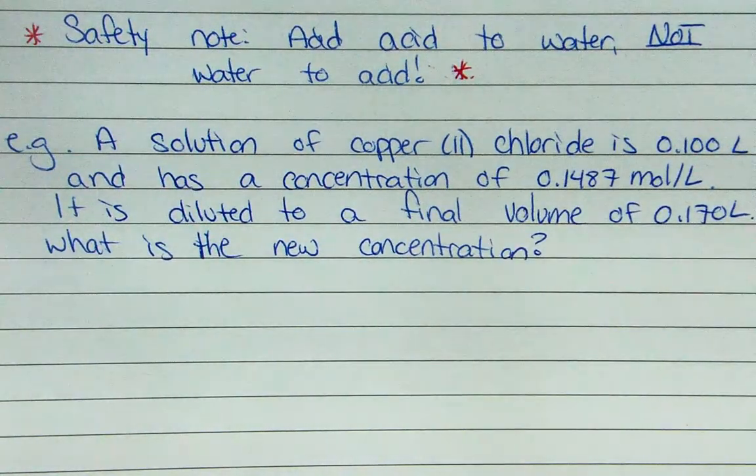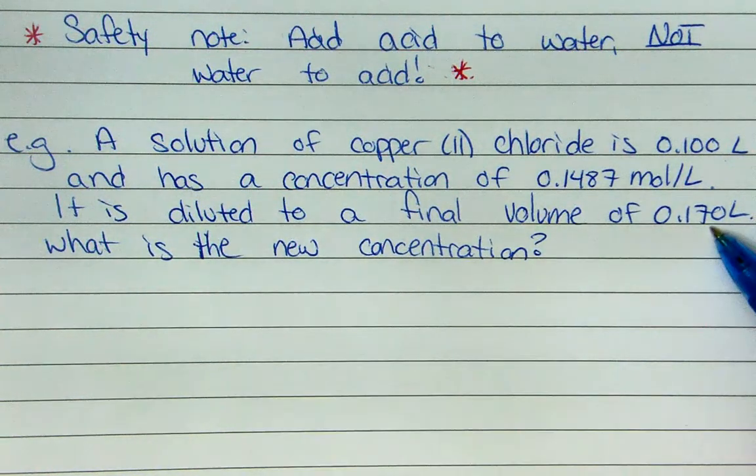Press pause if you need to copy this down. I'm going to keep going. A solution of copper 2 chloride is 0.100 liters and has a concentration of 0.1487 moles per liter. It's diluted to a final volume of 0.170 liters. What is the new concentration?